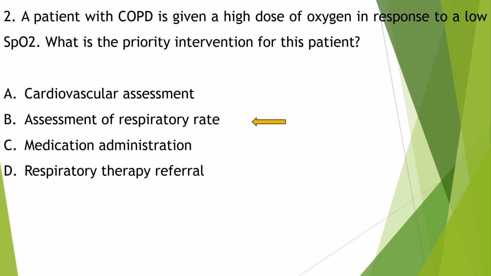The respiratory rate will decrease because his breathing is stimulated by a decrease in oxygen level. When we are administering more oxygen, the patient loses his stimulus to breathe. You need to know that the respiratory effort in a patient with COPD is triggered by the decrease in oxygen, not by an increase in carbon dioxide.